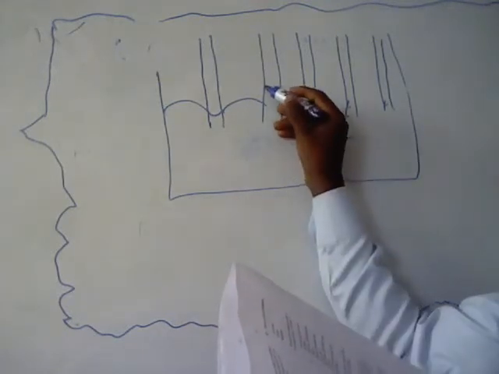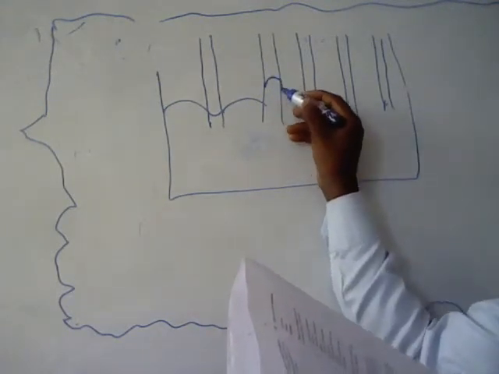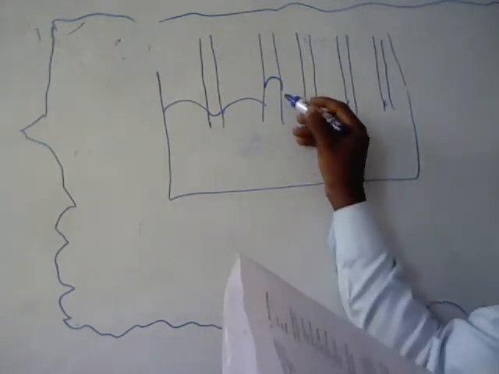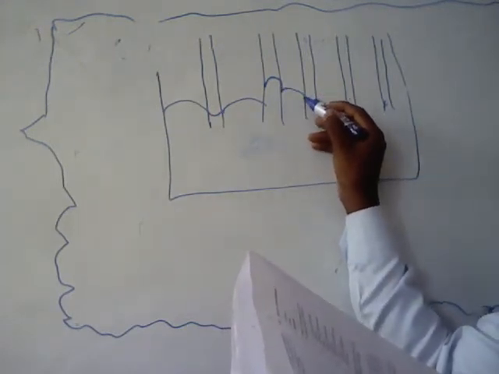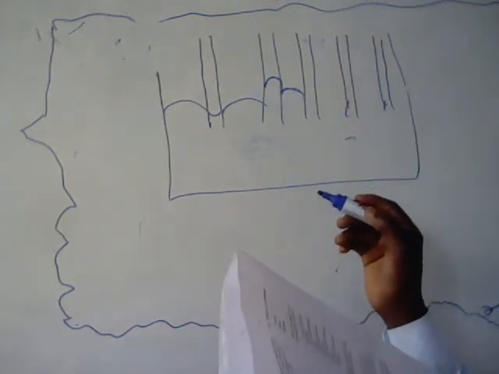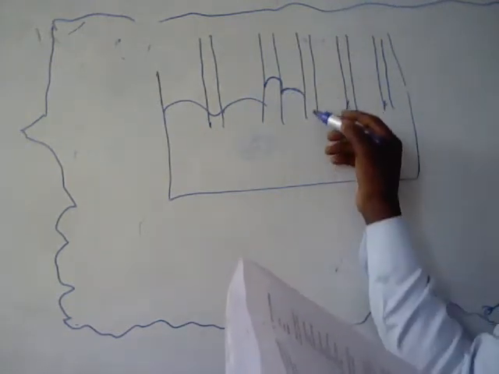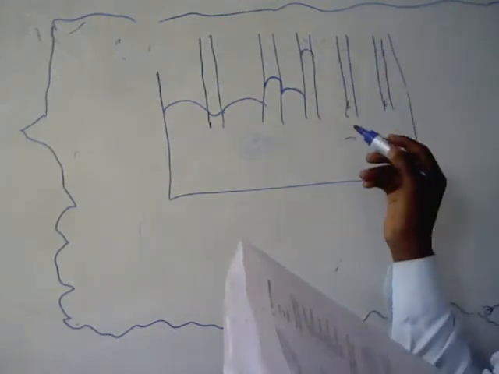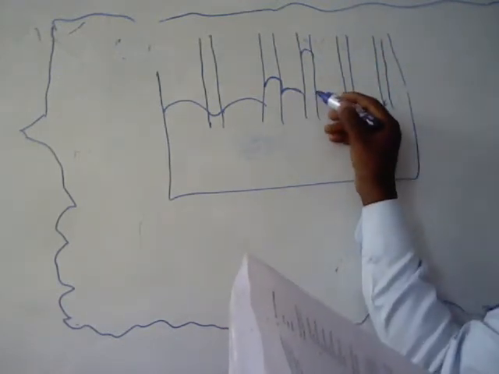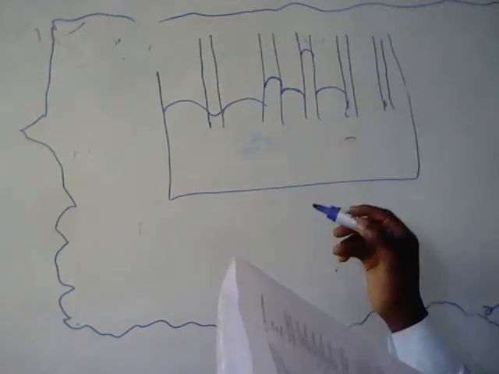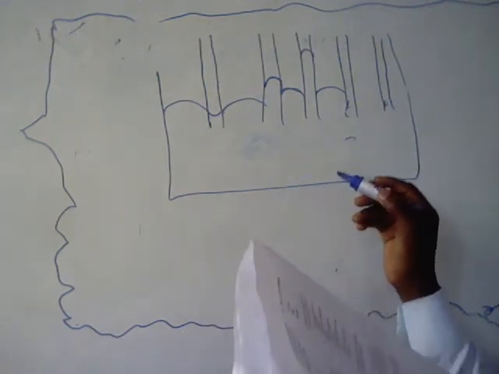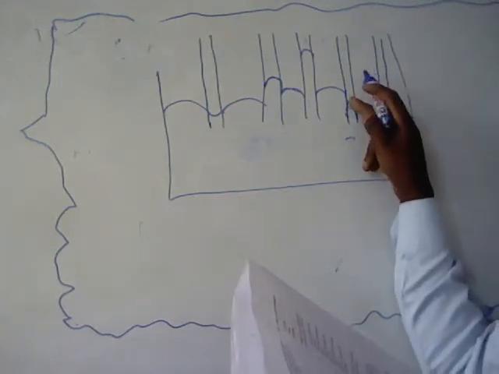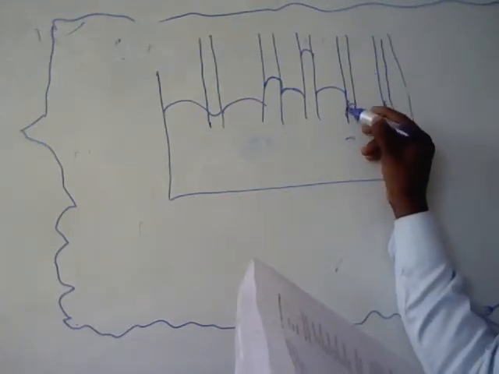Then we have this way for 2, like the other way. Then we have this way. Then for tube 3, we have this way. Then for tube 4, we have this curve here.